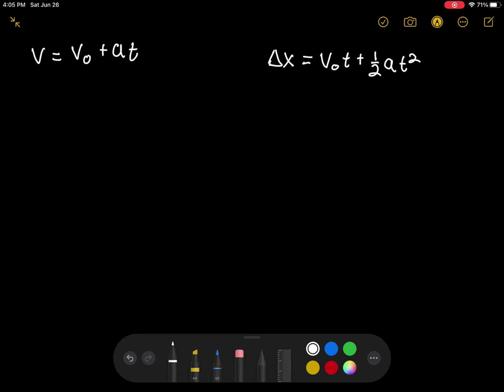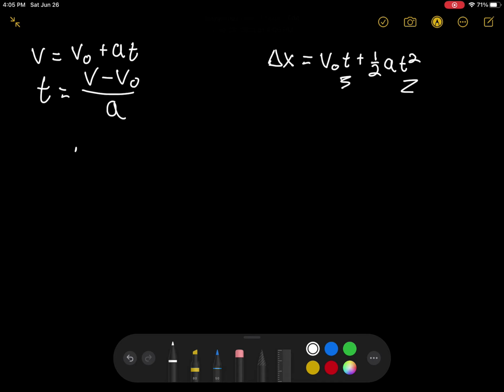Alright, I have rewritten both of the derived equations once again. And one more time, in order to solve for the last kinematic equation, we have to make this left-hand side equation a little bit more useful once again. This time we solve for t, which is just v minus v naught all over a. And then here we can substitute t into the equation on the right side.